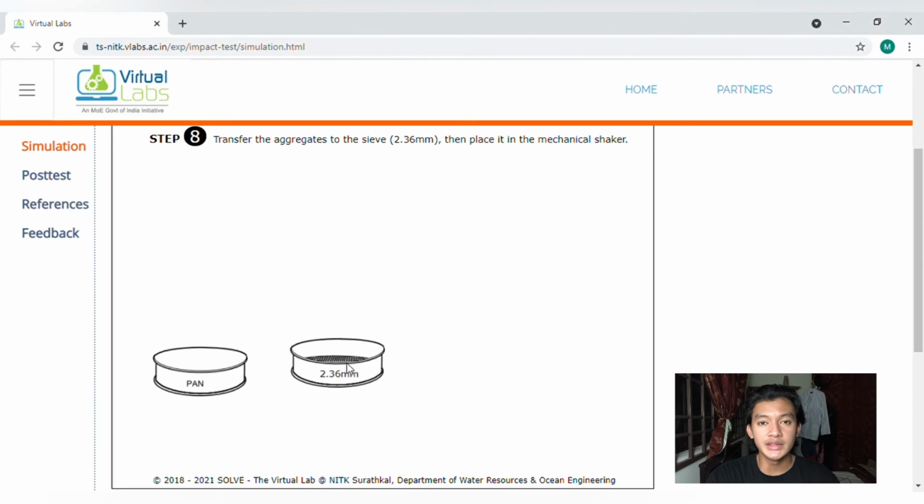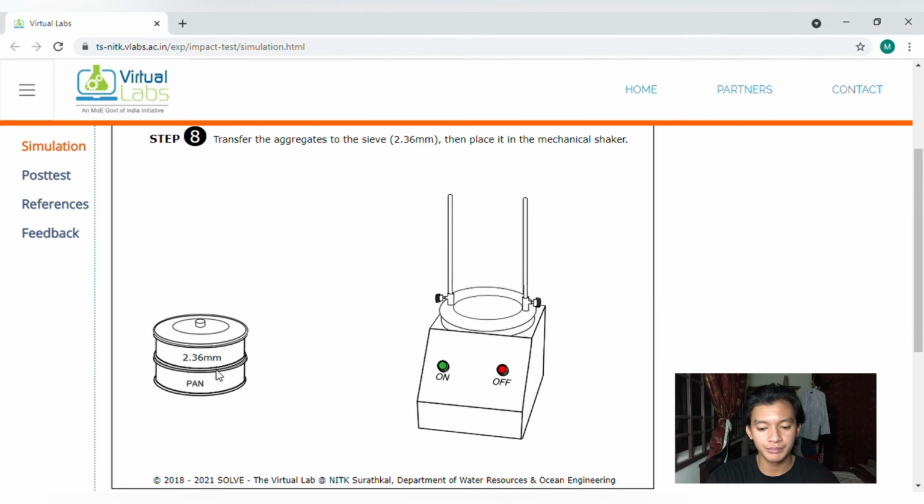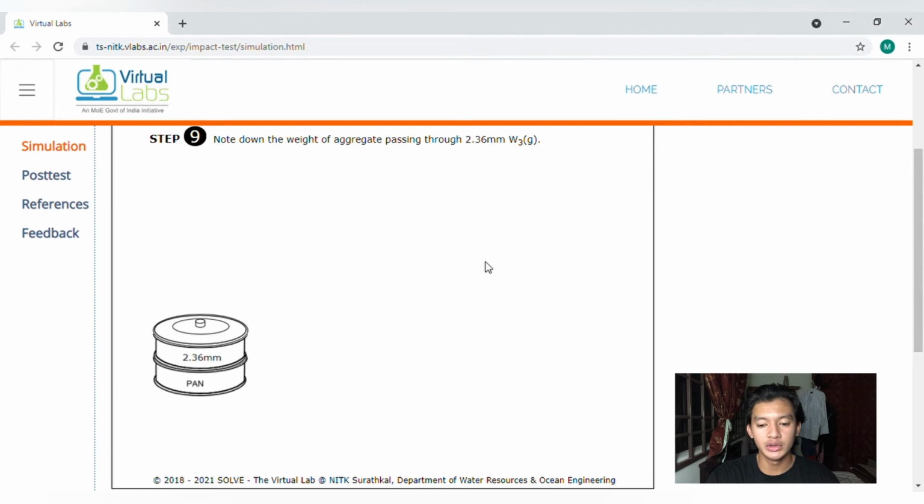Transfer the aggregates to the 2.36 mm sieve, then place it in the mechanical shaker. Step 9. Note down the weight of aggregate passing through the 2.36 mm sieve, W3.